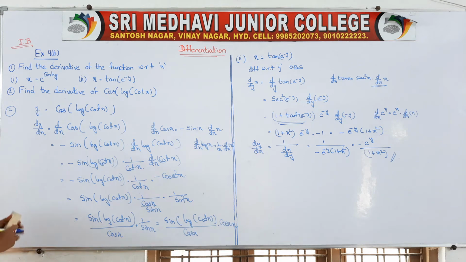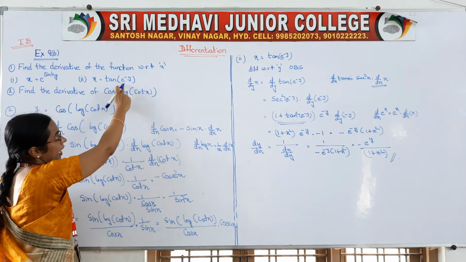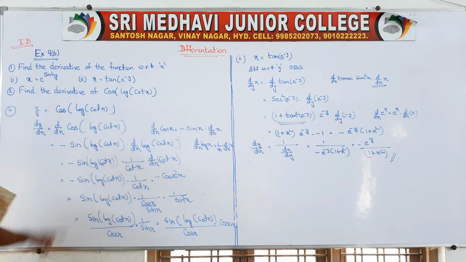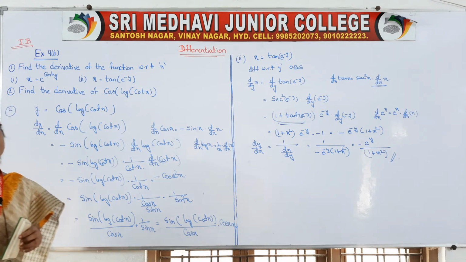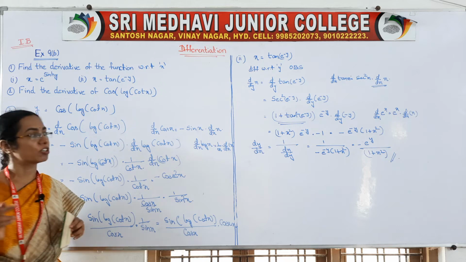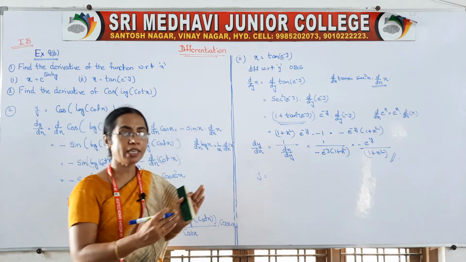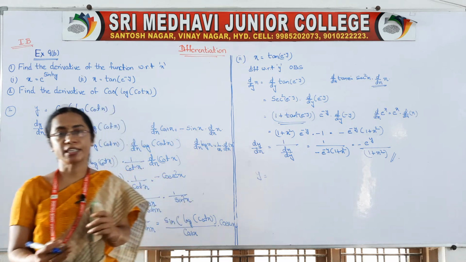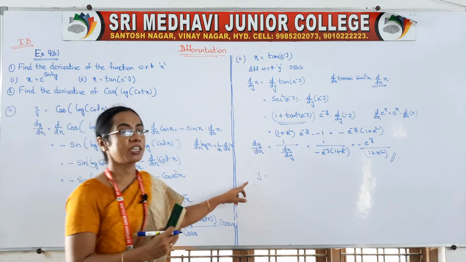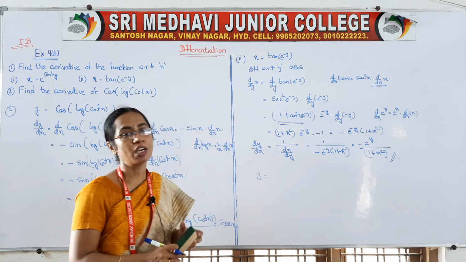So observe, we solved 3 problems. First problem, x is equal to e to the power of sin y, and x is equal to tan of e to the power of minus y. These 2 questions are a little bit different. Generally we get an equation with y in terms of x, and we differentiate y with respect to x to get the derivative.